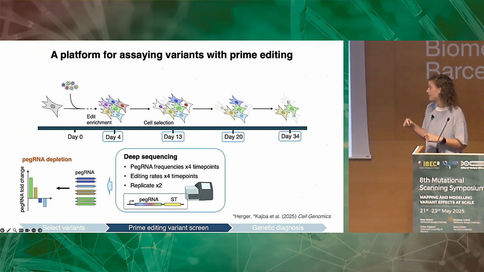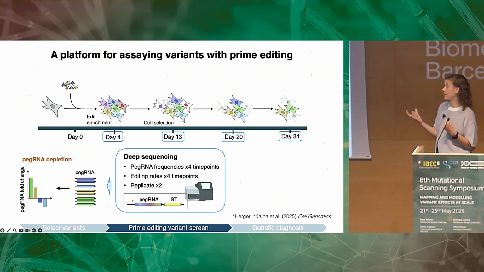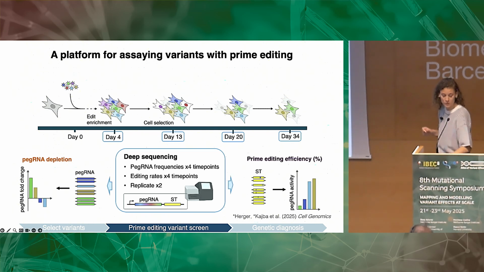The trick here is that together with the pegRNA in the pegRNA construct, we also add a surrogate target, which is a sequence that mimics the genomic site. And by measuring how many reads of the surrogate target contain the intended edit, we can quantify how efficiently the pegRNA introduces the variant. And that's a high throughput system to evaluate pegRNA performance.